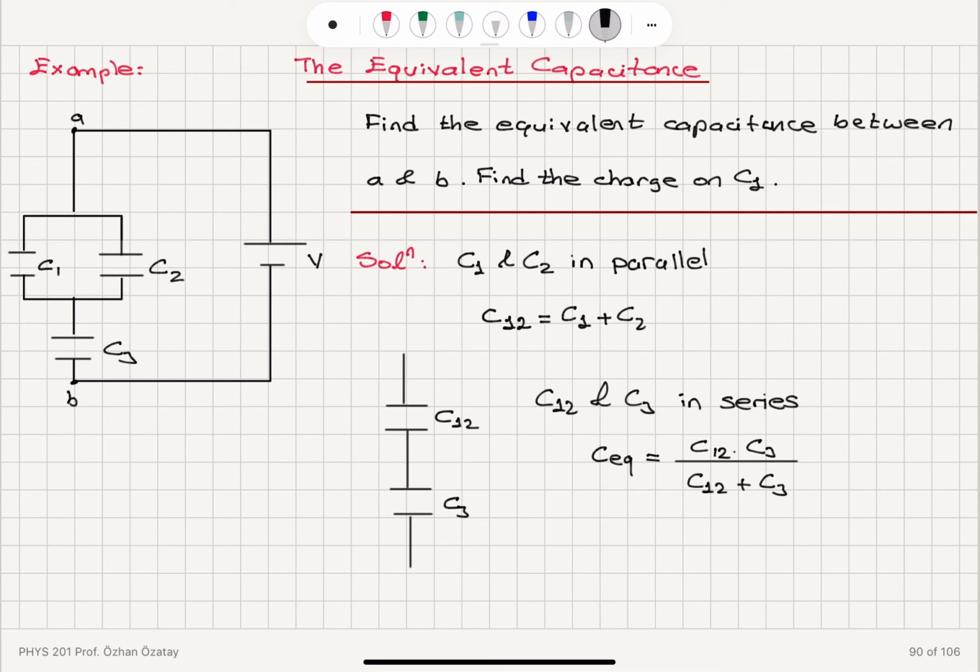So if I substitute C1 plus C2 for C12, I will obtain my final answer for the equivalent capacitance between points A and B. This is going to be equal to C1 plus C2 multiplied with C3 divided by the sum of the capacitances C1 plus C2 plus C3.